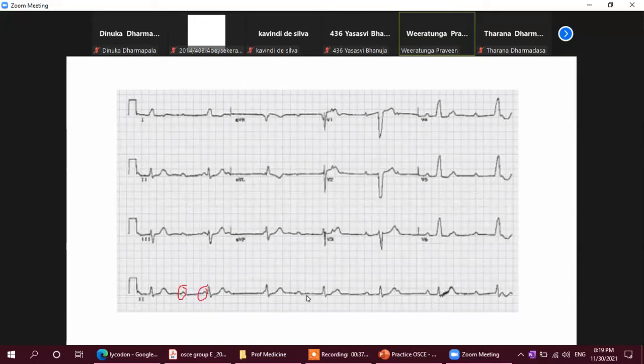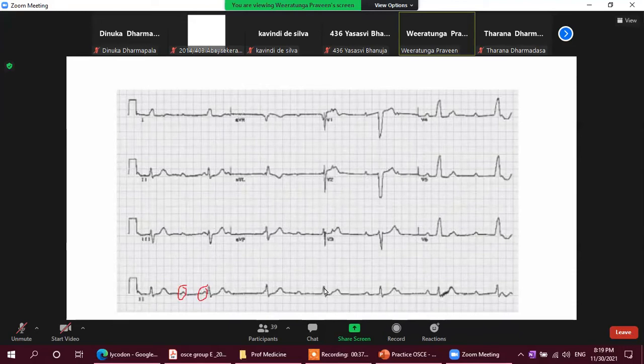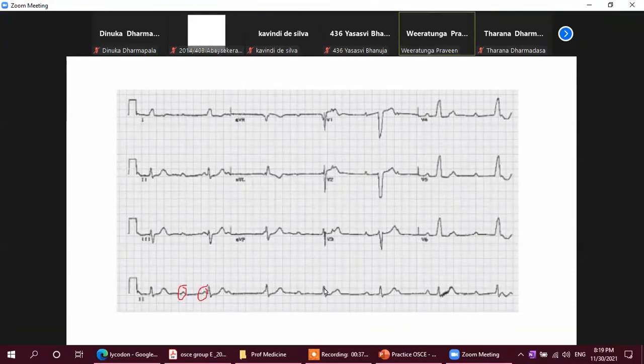So the P wave is coming almost in a regular way. Here is one, here is one, here is one. The QRS complex is also coming in a regular way. And there is no relationship between the P and the QRS complex. So that is a hallmark of a third degree complete heart block. Complete heart block. You need to know this in bradyarrhythmia.